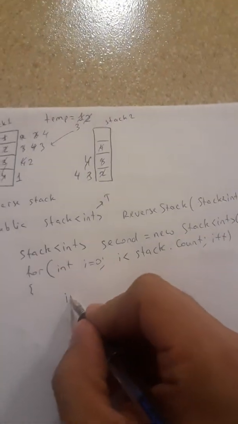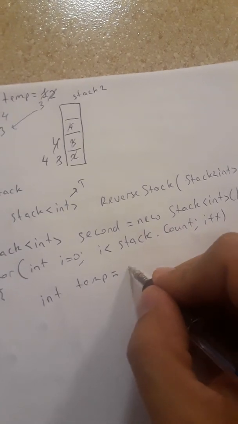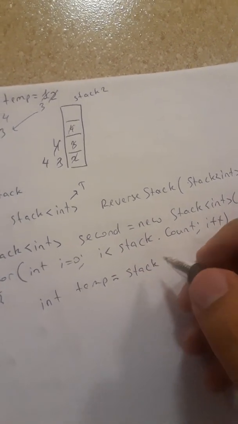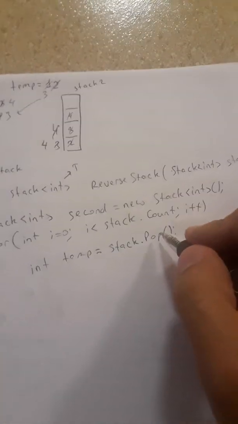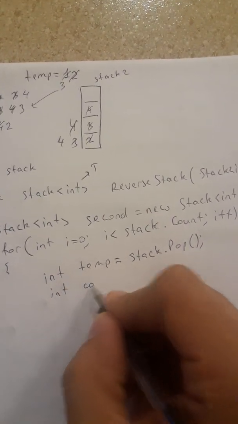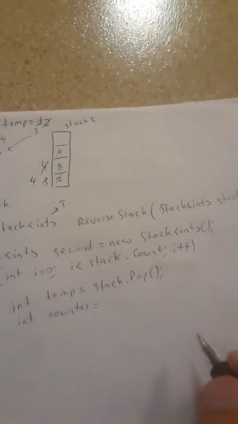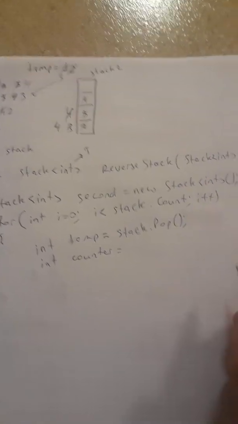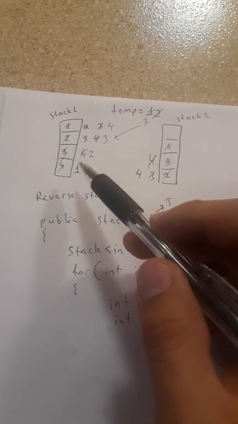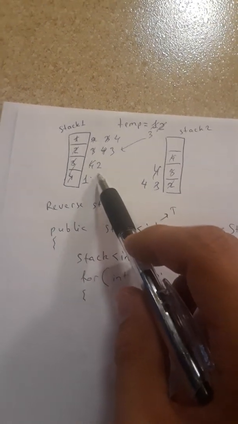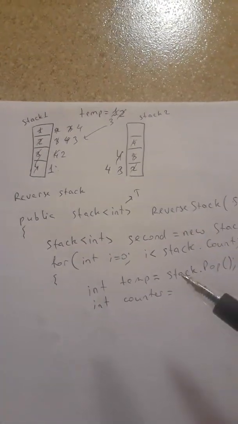So here we'll use our temporary variable, and to the temporary variable we always put the top element from our first stack. And we will use a counter. We use the counter because we always need to keep the elements from the temporary variable that we put back to the first stack untouched, because we want them to be there in order to get the reversed result.